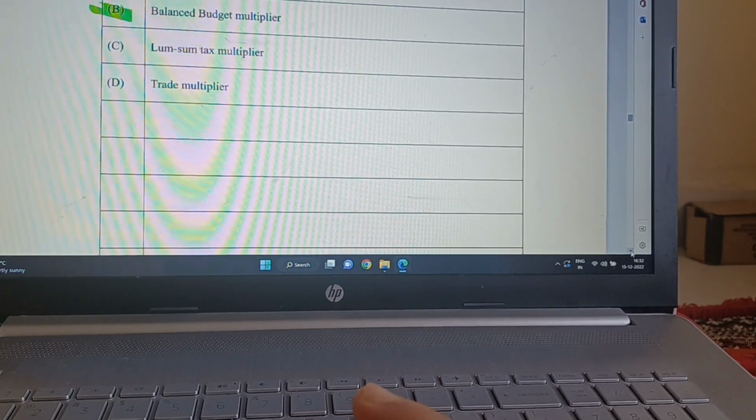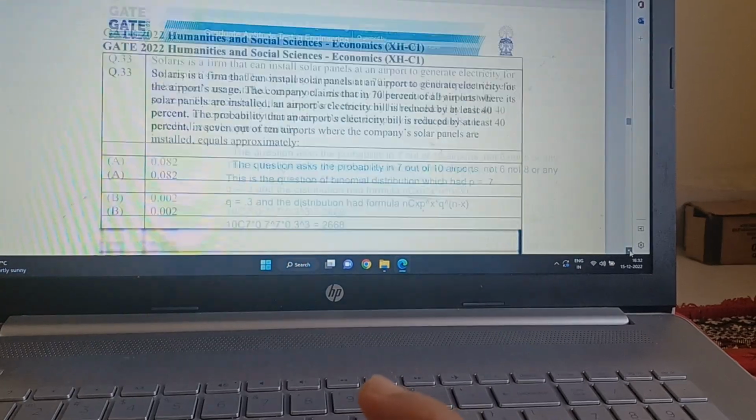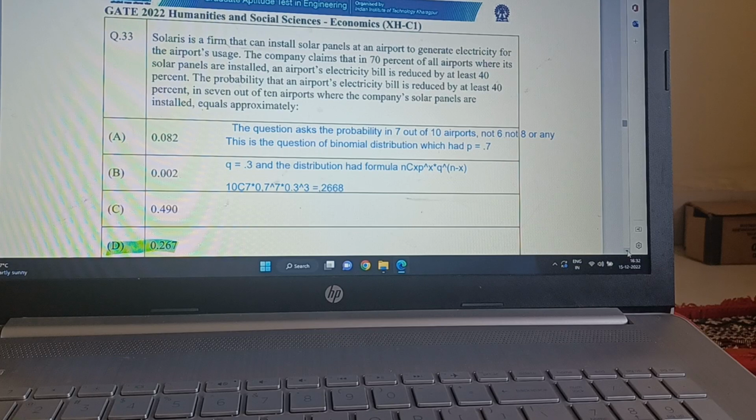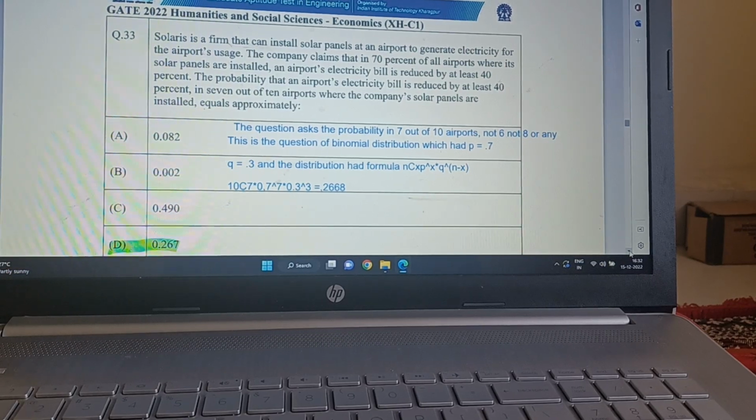Next question is, Solaris is a firm that can install solar panels at an airport to generate electricity for the airport's usage. The company claims that in 70% of all airports where its solar panels are installed, an airport's electricity bill is reduced by at least 40%.